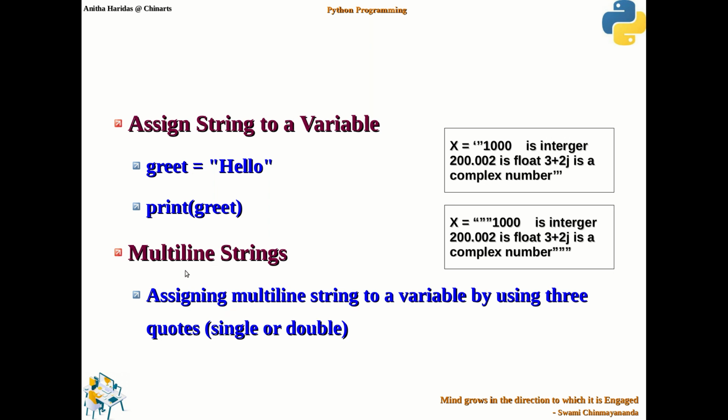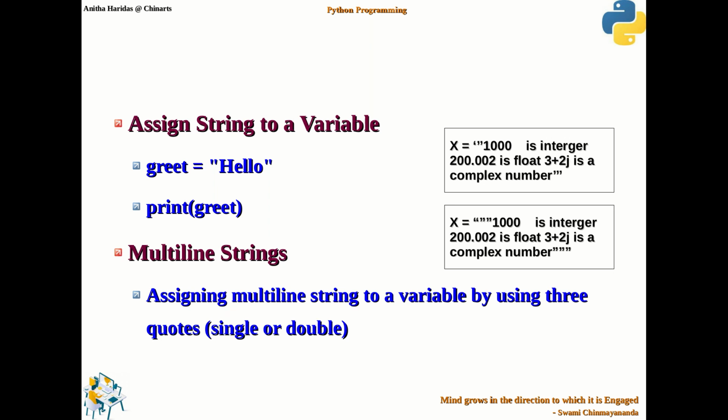Whereas if I want to assign multi-line strings, we can use 3 quotes, either 3 double quotes or 3 single quotes. This is how we will be assigning multi-line strings. In Python, we know that the new line will be considered as the next statement, right?